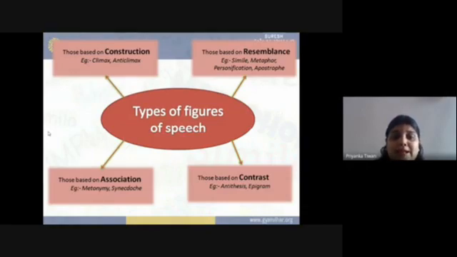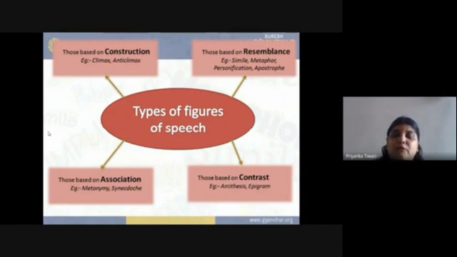Those based on sound, assonance, and those based on contrast, antithesis, epigram. There are lots of types in English literature.